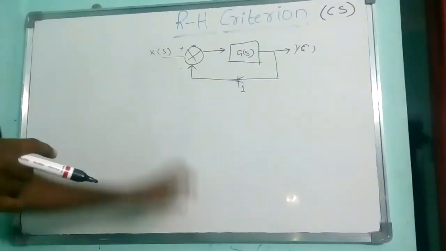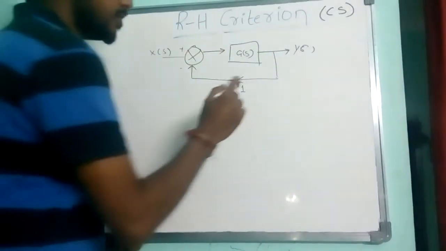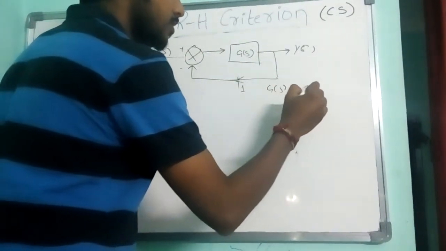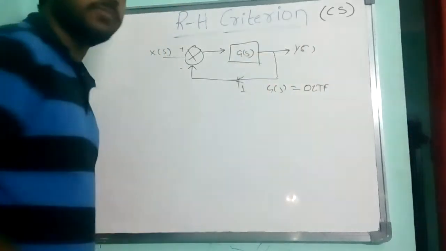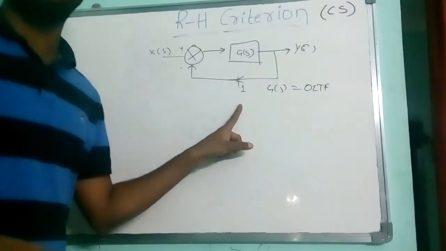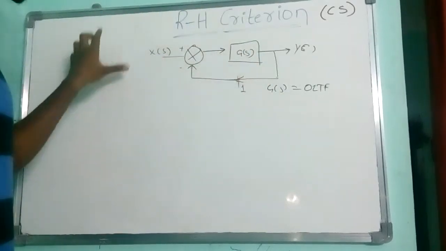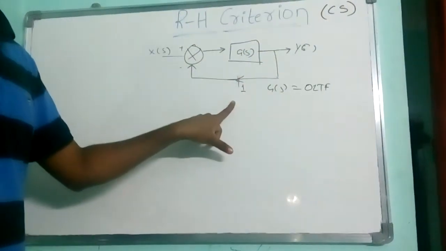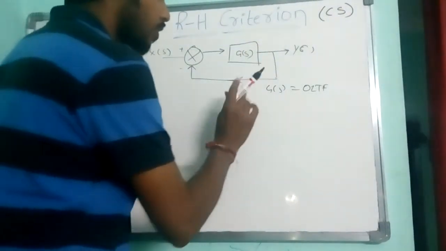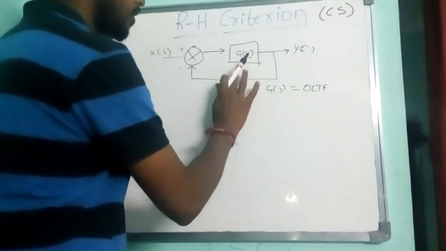This is my system. Here, what is G(s)? G(s) is the open loop transfer function. This is a unity feedback system, which means my H(s) is 1, the feedback element is 1. Suppose I have a feedback element H(s).